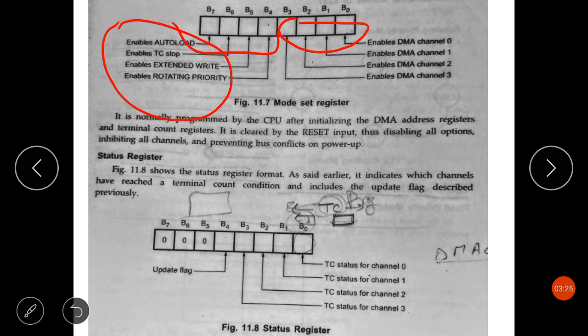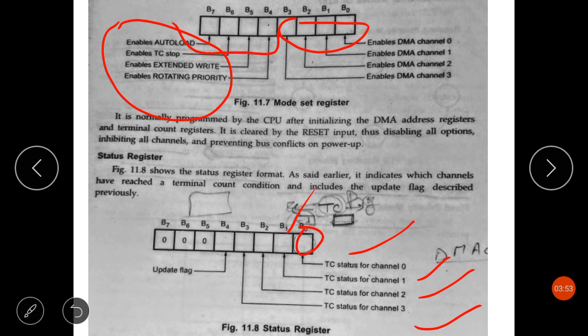This is the TC status for channel 0, channel 1, channel 2 and channel 3. The TC status comes from the bits of the status register: B0 for channel 0, B1 for channel 1, and in the same way B2 and B3 for channels 2 and 3.